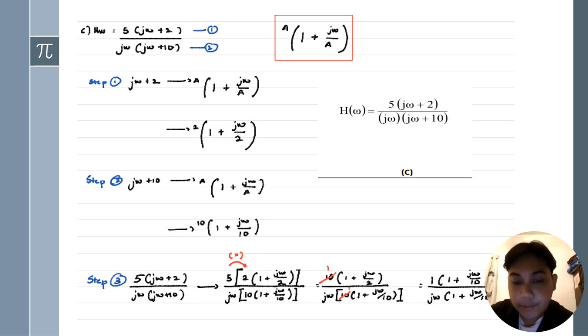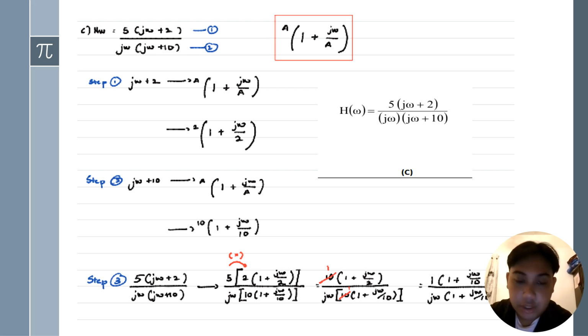We look at the term jω + 10 in the denominator. Similarly, we factor out the constant 10 to get 10(1 + jω/10). This represents a pole at ω equal to 10. Before, ω equal to 2, but this time, ω equal to 10.